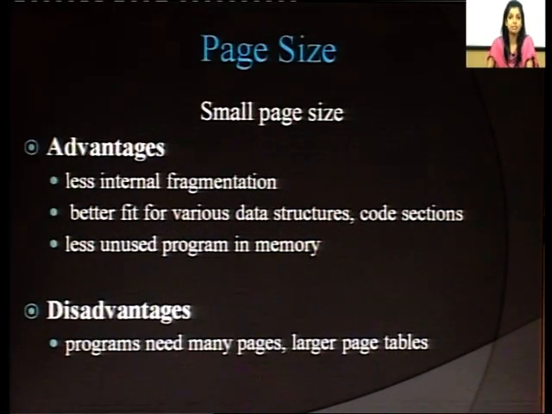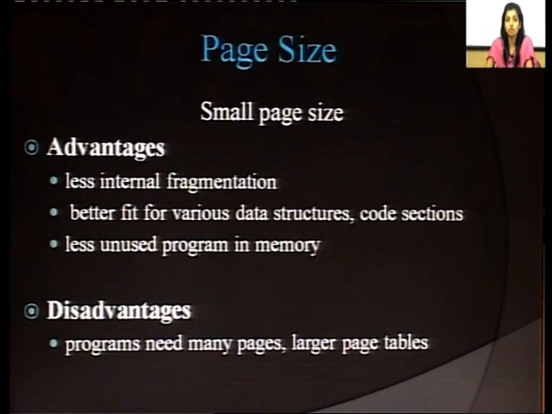Now what are the advantages of page size? First is less internal fragmentation. Second is a better fit for various data structures and code sections. Less unused program in memory. The disadvantages are that many pages are needed when we are going to replace, and large page tables are required to manage the number of pages in memory.